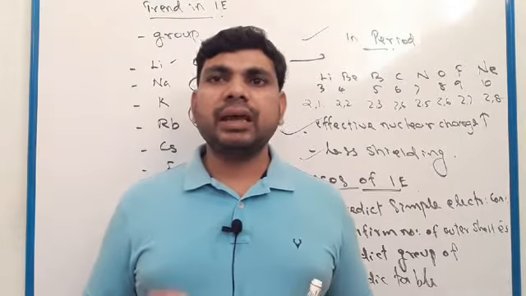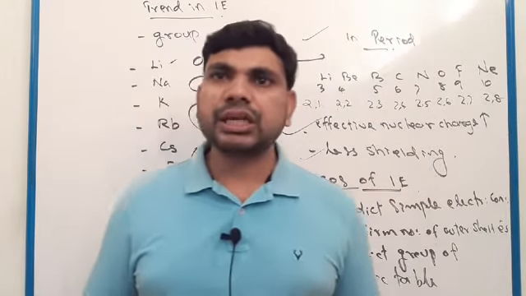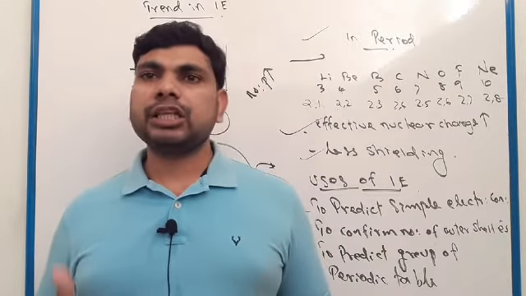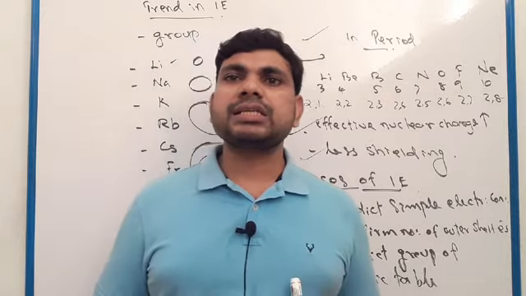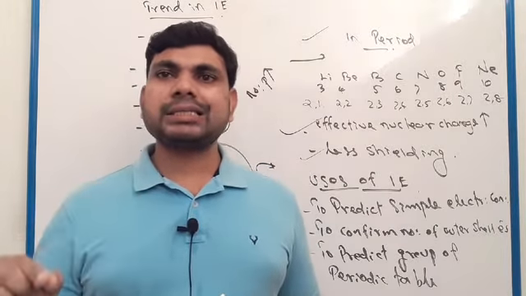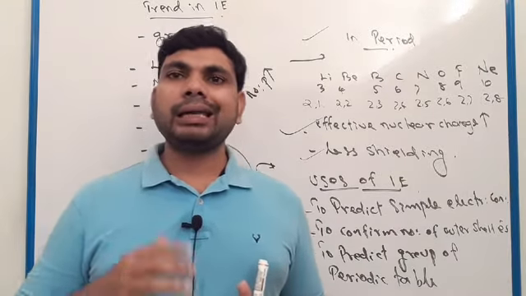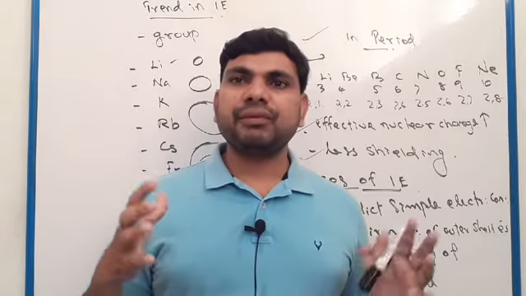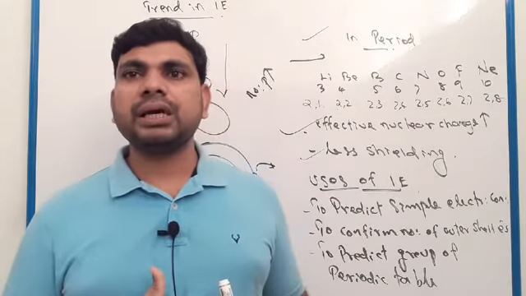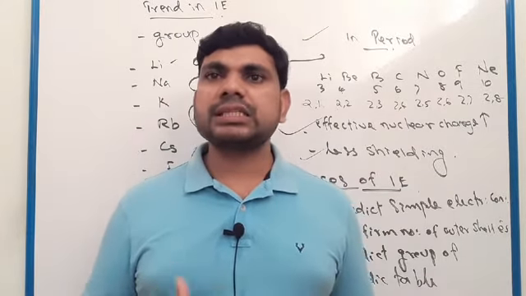After that, evidence for electronic structure, ionization enthalpy, first ionization enthalpy, second ionization enthalpy, successive ionization enthalpy, and also we discussed the log ionization energy against number of electrons graph. From this graph we can interpret the different energy levels, the number of energy levels in an atom. These things we already discussed, you can review them.